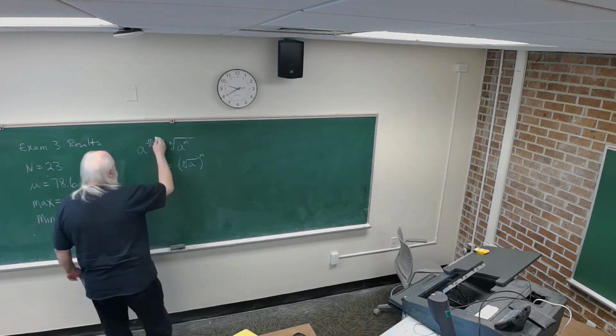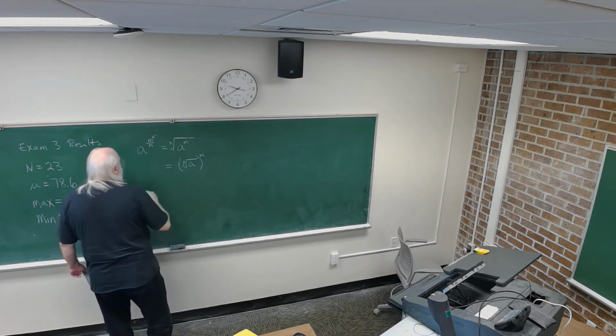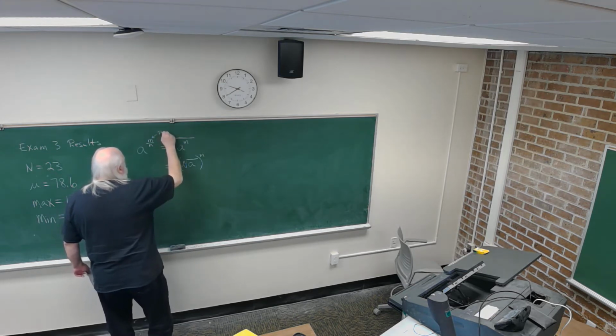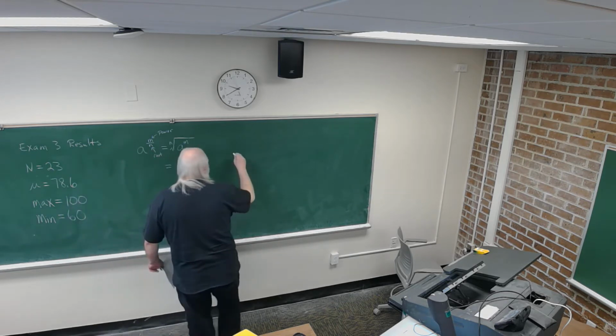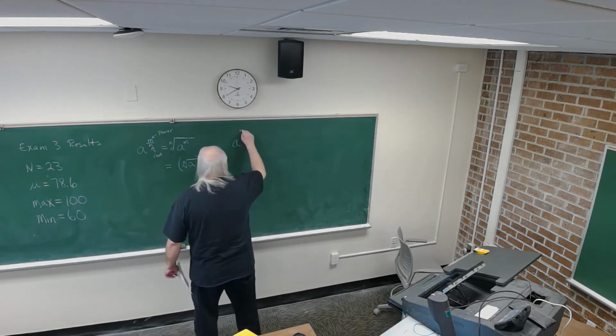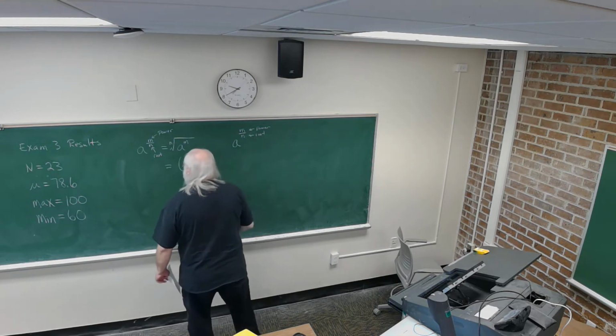So I say m over n power, but this fraction in the exponent, we call m the power, and we call n the root. So a to the m over n, m is the power, and n is the root.